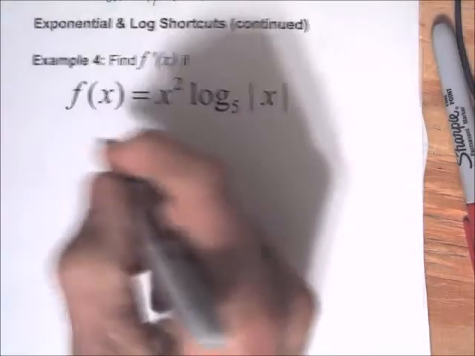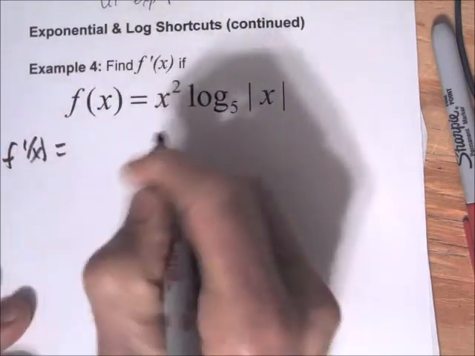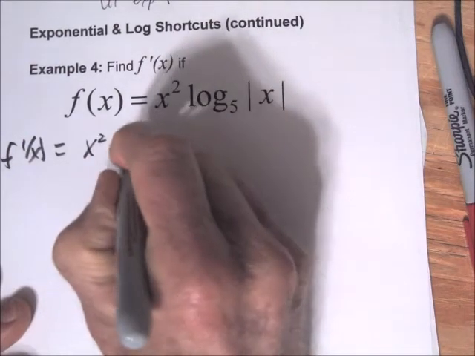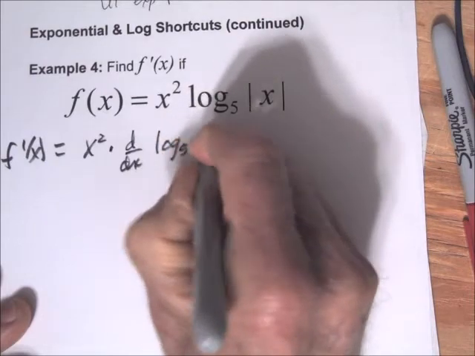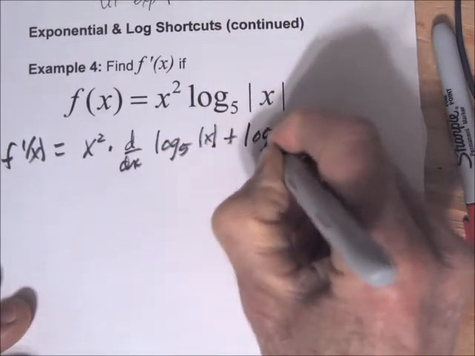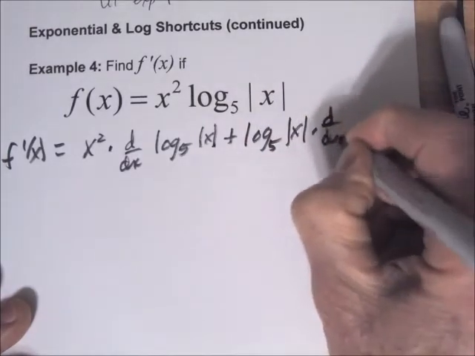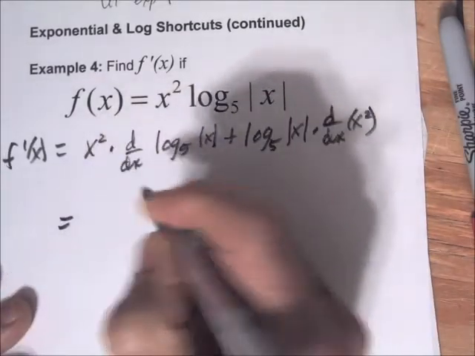So f prime of x is x squared times the derivative with respect to x of log base 5 absolute value of x, plus log base 5 absolute value of x times the derivative with respect to x of x squared.